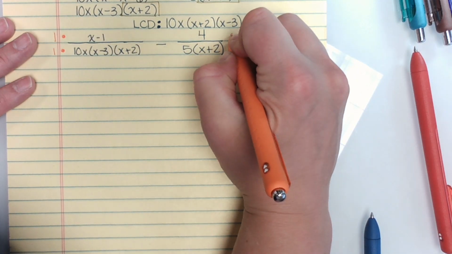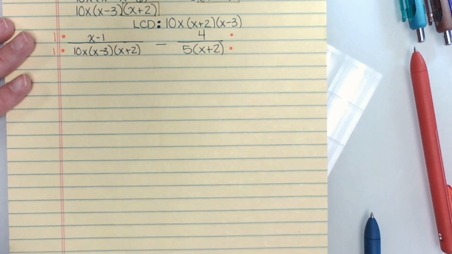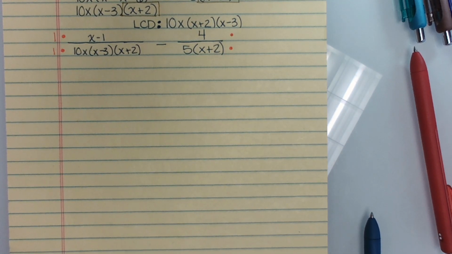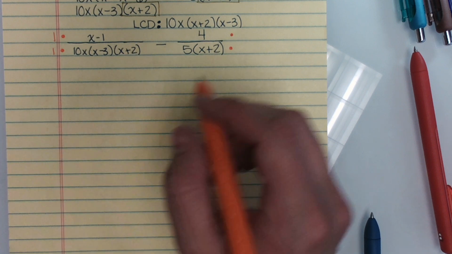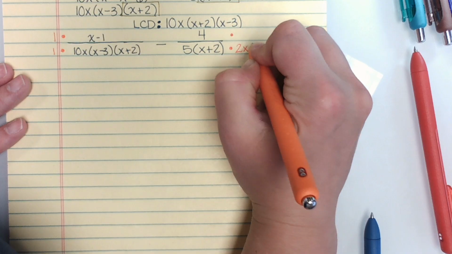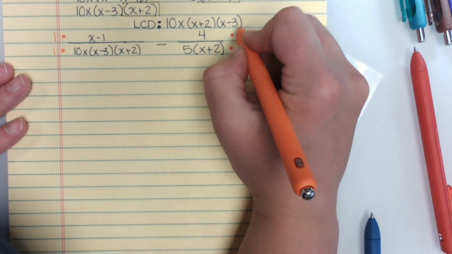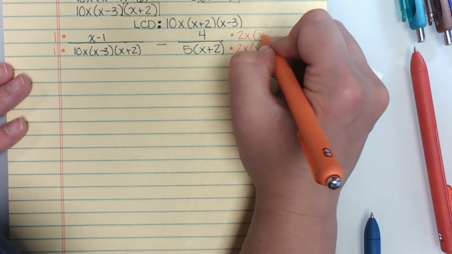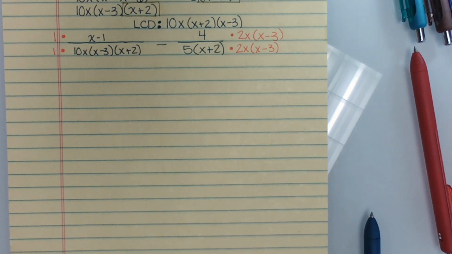Second fraction. What's it missing? 5x. Not quite. 2x. And the x minus 3. Now, when we multiply these things, we do have to remember some things.